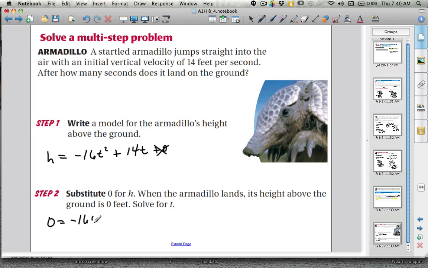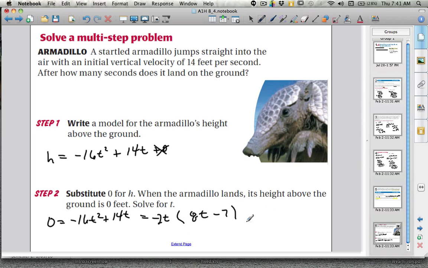Negative 16t squared plus 14t. And if we look at this, you can see that I can factor a 2t out of each of these. In fact, I could make it a negative 2t. That might be helpful. That means that this would become 8t, and it'd be minus 7.